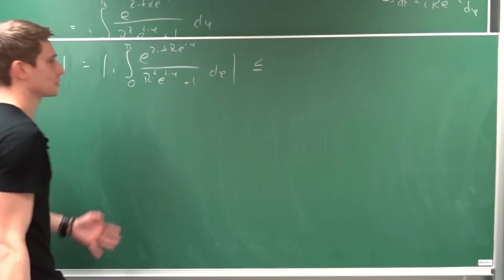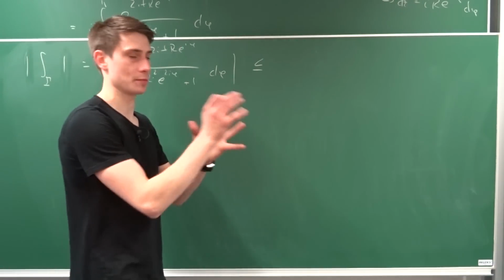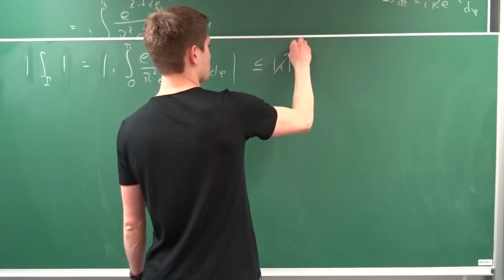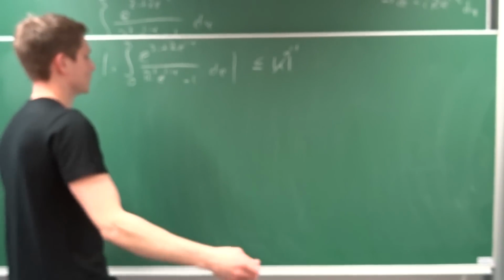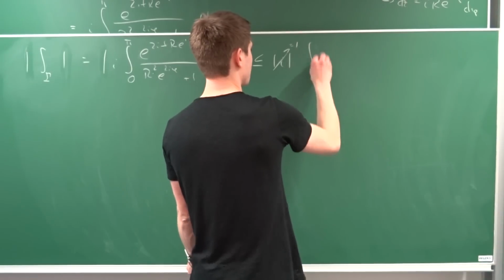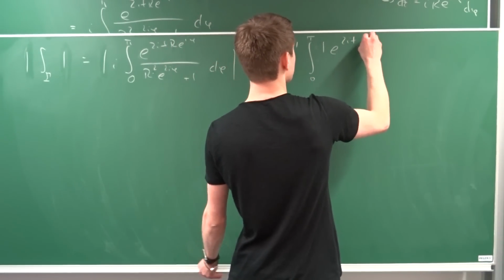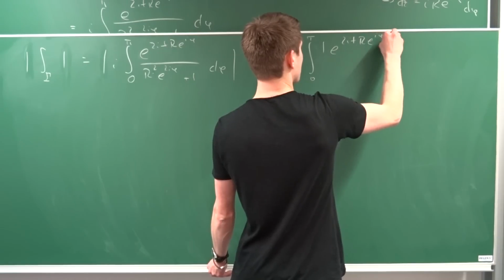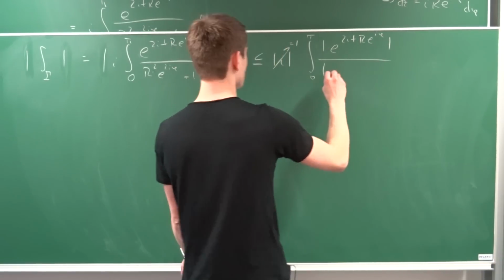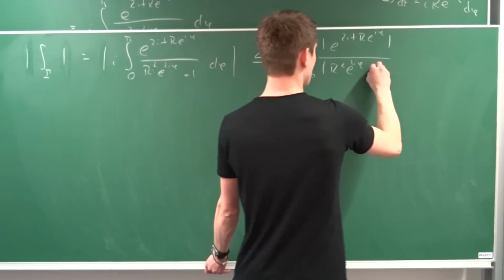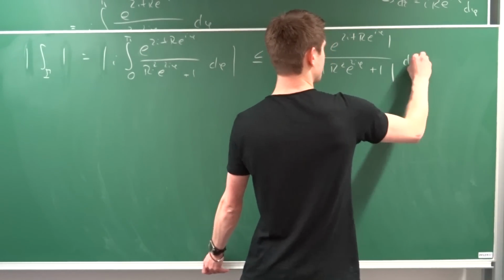That means the direct path is shorter than some detour. That means we have the absolute value of I, which is just going to be 1. It's just how it is. And now the integral from 0 to pi of the absolute value of e to the 2it times r times e to the I phi over the absolute value of r squared e to the I phi with a 2 plus 1 d phi.